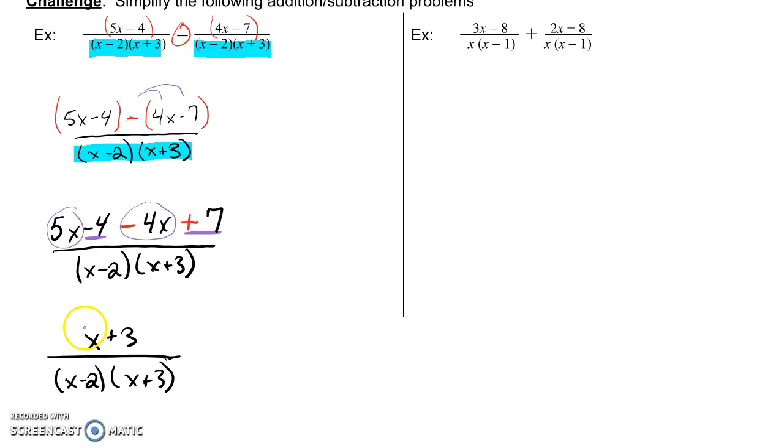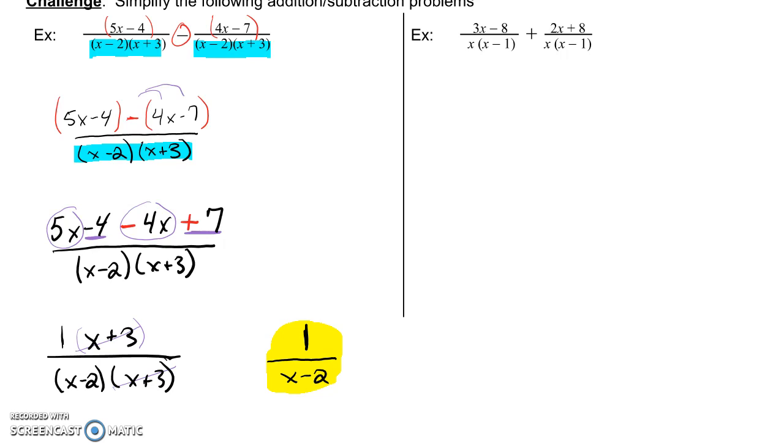I still have a factor of x plus 3 in the numerator and denominator. Those simplify. X plus 3 divided by x plus 3 is 1. Since x minus 2 is in the denominator, it stays in the denominator. I can put parentheses around that binomial if I want to, but I don't need to. There was nothing left in the numerator, so there really was that coefficient of 1 that we don't have to write. That is now completely simplified.